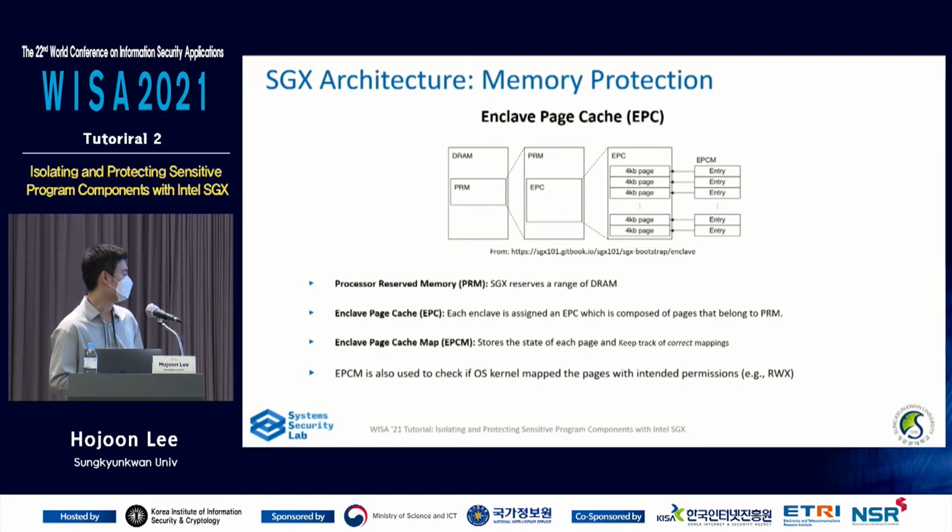A structure called EPCM stores the state of each page and keeps track of the correct mappings. For example, we said operating systems are not inside the TCB in the SGX security model, so EPCM is what verifies whether the OS correctly mapped the pages according to the given specification. If one EPC page is supposed to be read-only, but your kernel maps it as read and write, EPCM will detect that and automatically abort execution of the enclave.